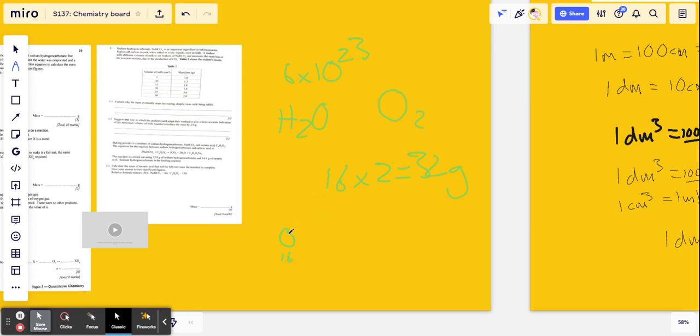To reduce confusion, let's look at the ones that don't form molecules. Carbon has a mass number of 12, or the standard, most common carbon has anyway. If I have 6 times 10 to the 23 carbon atoms, a mole of this just happens to equal 12 grams.